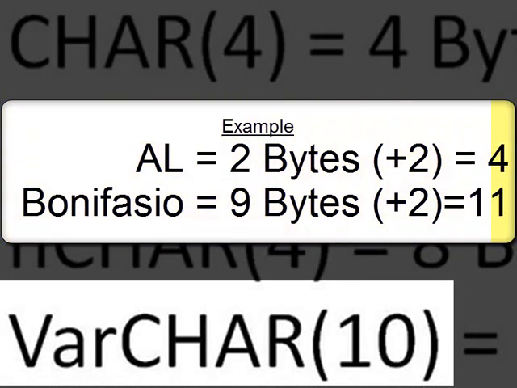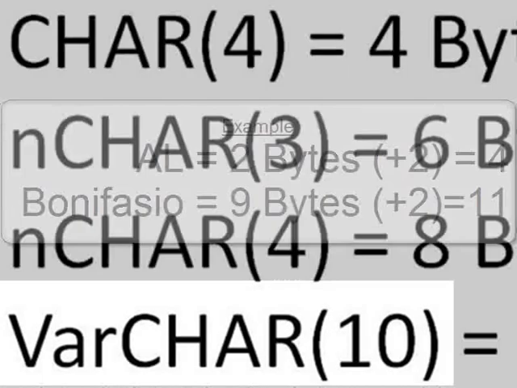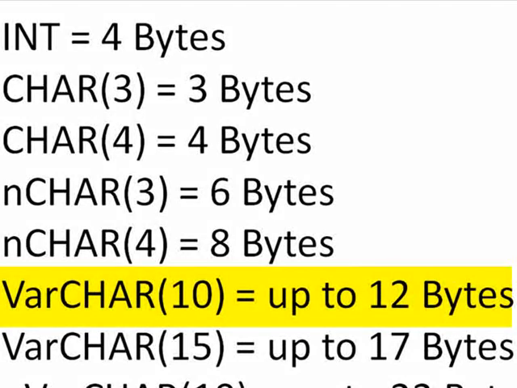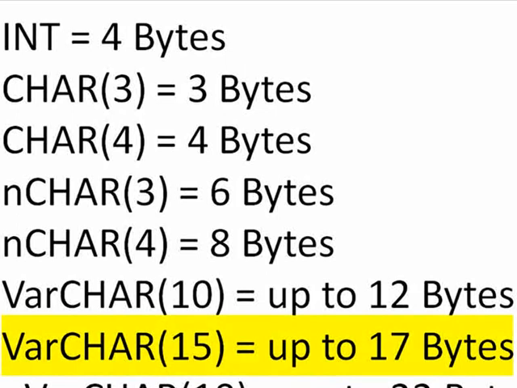So, a varchar 10 could take up to 12 bytes. Now, if you only put 2 characters in it, it would take 4 bytes. So basically, a varchar consumes 2 bytes plus 1 byte per character up to the maximum that you can fill. Therefore, a varchar 15, that could take up to 17 bytes.